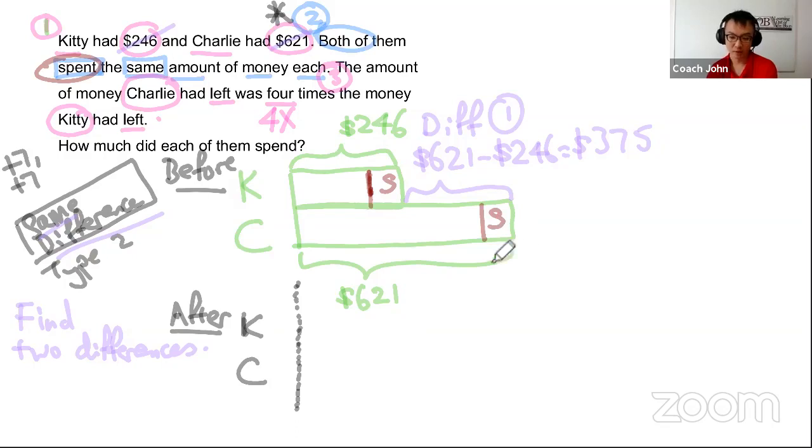Then you know that in each same difference question, your difference will not change because the change is the same. So your difference here should also be 375. If your child is advanced, you can see fast.